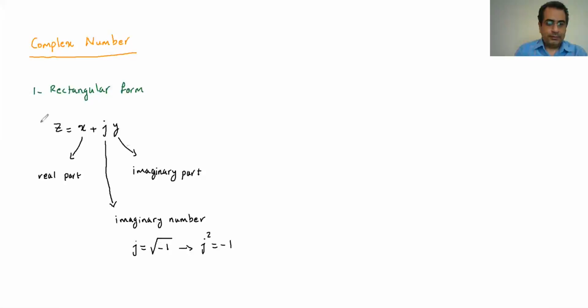This format is called the rectangular format, and why is that? Assume I have axes, and I show the real part on the horizontal axis and the imaginary part on the vertical axis.